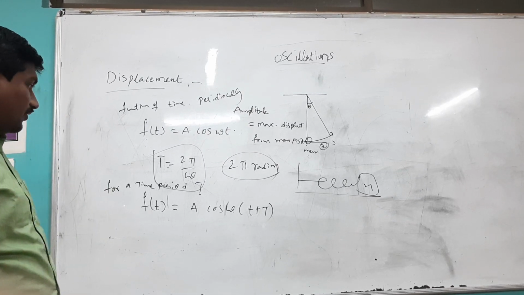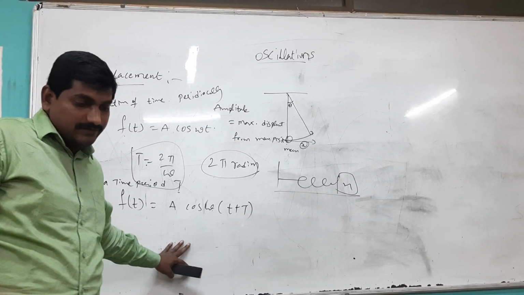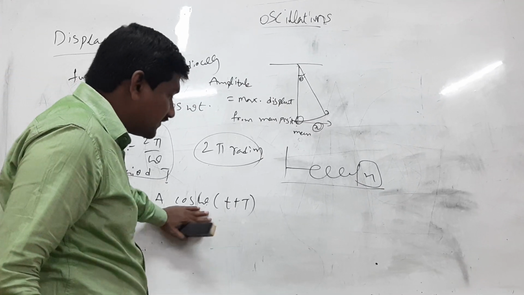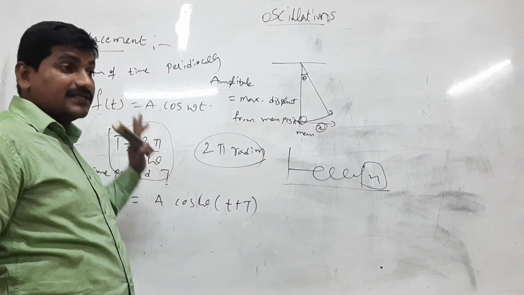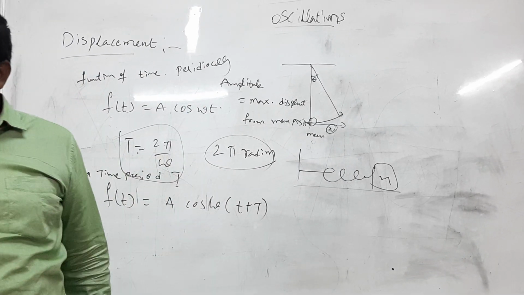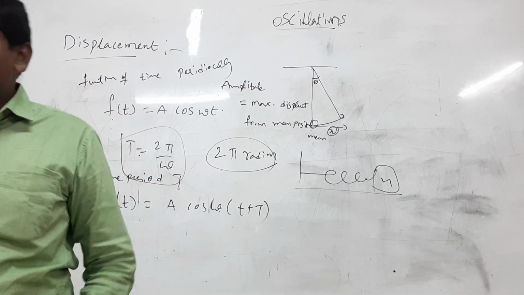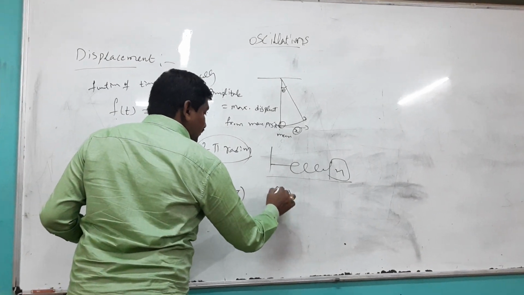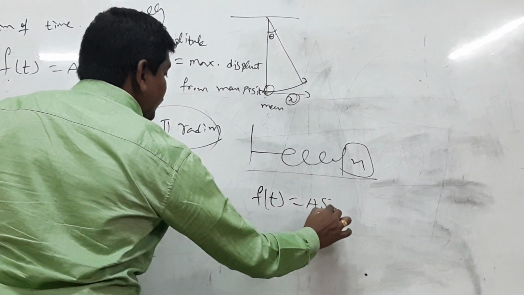Now, to have a linear combination, what is a linear combination? Here I have represented it in terms of cos omega t. This equation does not necessarily have to be only cos omega t. A periodic function can be sin omega t also. You can also use f of t equal to a sin omega t.